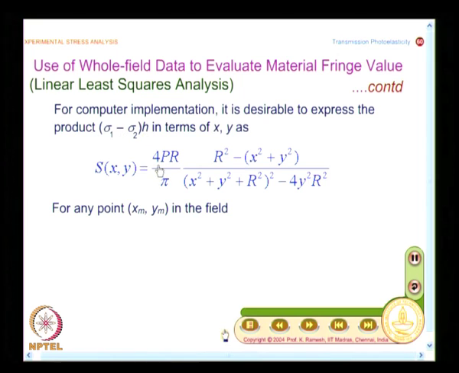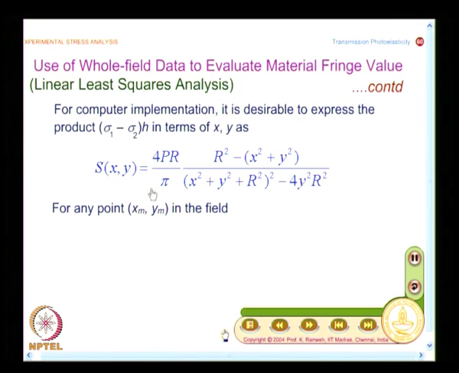So I have this as 4 P R divided by pi, multiplied by (R squared minus (x squared plus y squared)) divided by the square root of ((x squared plus y squared plus R squared) whole squared minus 4 y squared R squared). Instead of writing this complete expression every time, I will simply label it as S(x, y).